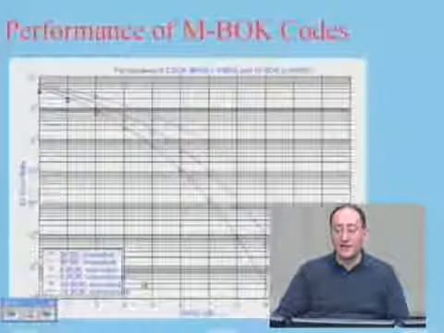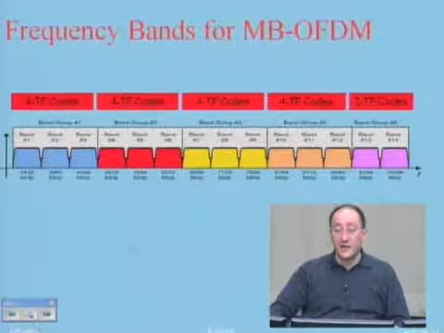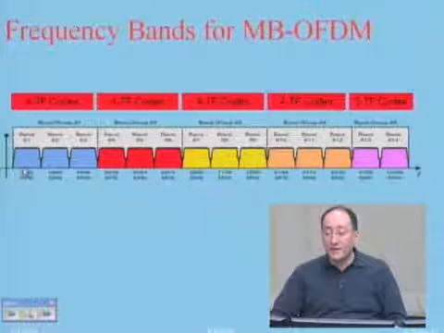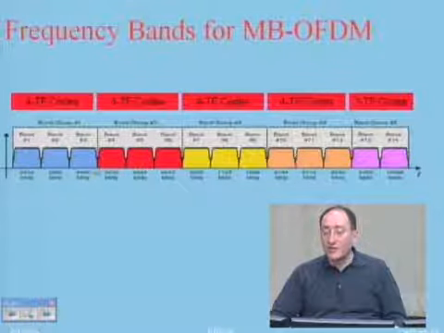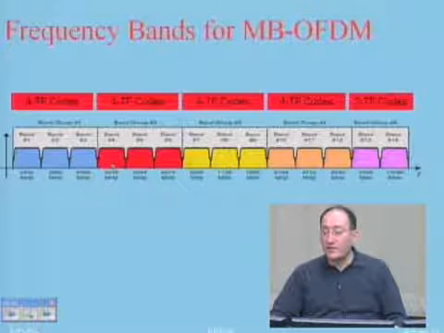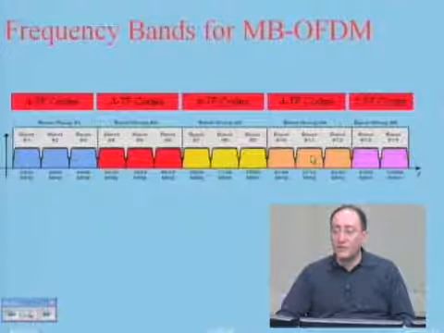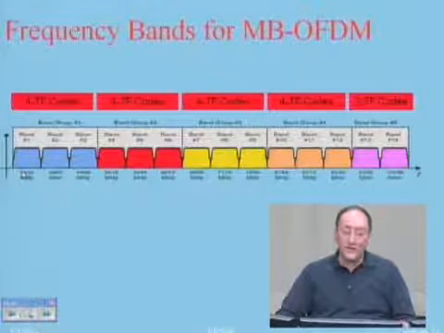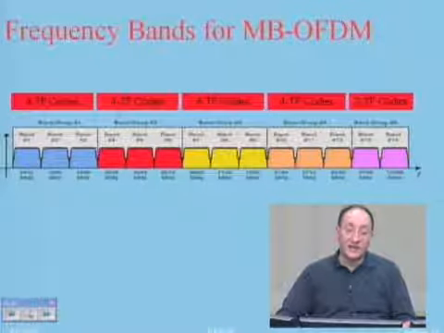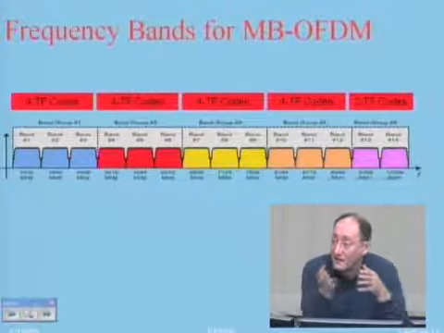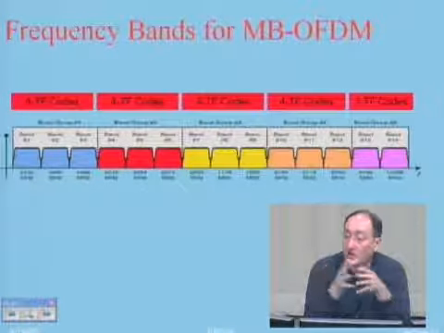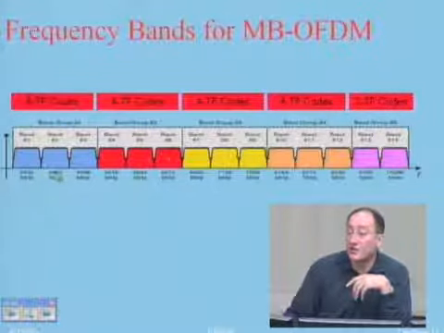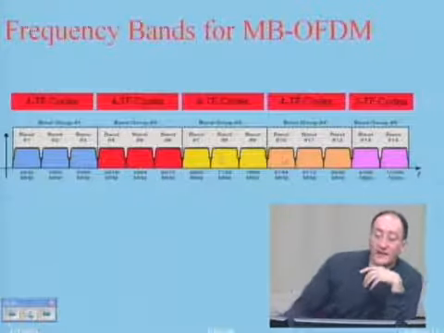Now in the multi-carrier OFDM or multiband OFDM solution, they have so many channels. 3, 3, 3, 3, 2, which is 14 channels. Each of these channels has 512 megahertz bandwidth, which is less than half of the lower band of direct sequence. But in here I have more flexibility. I have a bunch of bands.